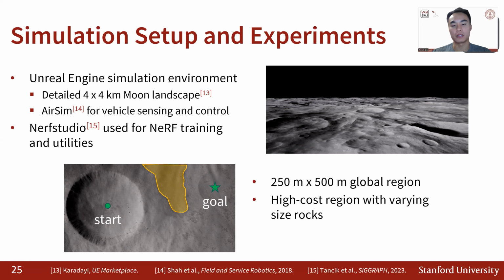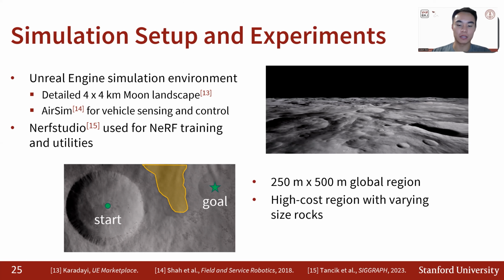Specifically, we have this detailed moon landscape environment, which simulates the terrain that might be seen on the moon, with small varying sized rocks, large craters, and sloped terrain. AirSim allows us to simulate a vehicle on this terrain, gather onboard camera images, and send vehicle commands for control. And then we use Nerf Studio for all the training for NeRFs and utilities.